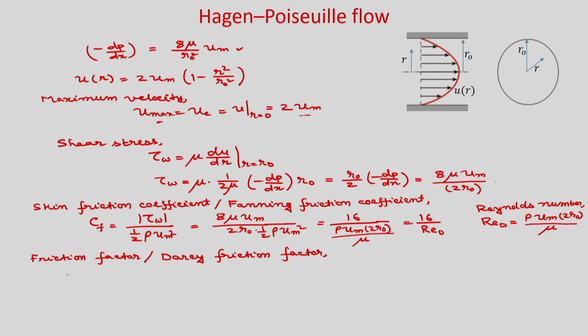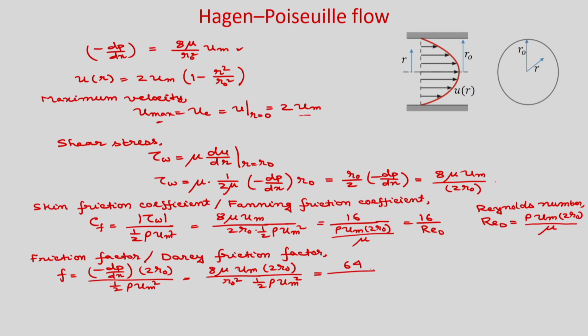So, you can see that f will be minus dP by dx, okay, into the channel diameter twice r naught divided by half rho u m square, okay. So, minus dP by dx is this one. So, 8 mu u m by r naught square, okay, into twice r naught and divided by half rho u m square.